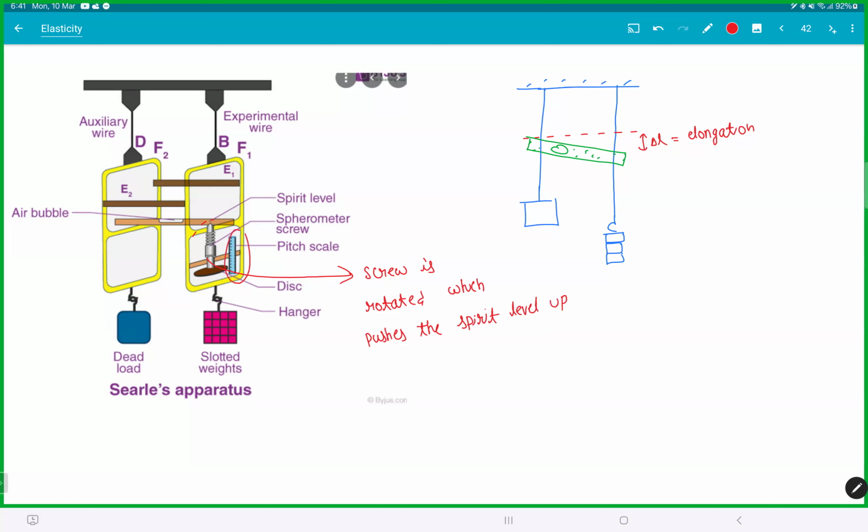And here you have a scale through which you can measure how much you have pushed it up. Is that making sense? So you push the spirit level up till it becomes horizontal. You keep doing this till it becomes horizontal. This gives us the elongation.